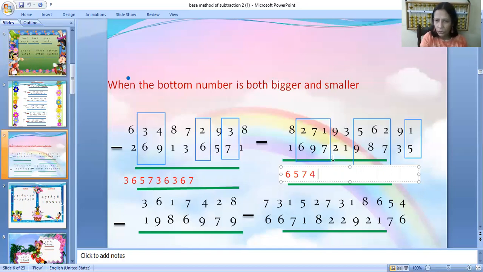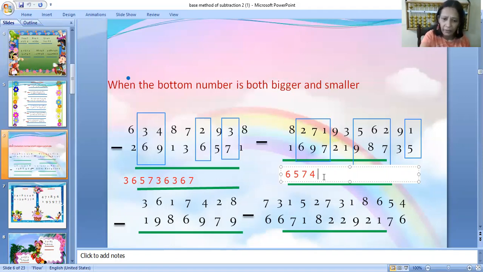9 minus 2 is 7. What will you do with 7? Before writing 7 here, move to the next pair. You are not required to take any borrowing here. So you got 9 minus 2 is 7.